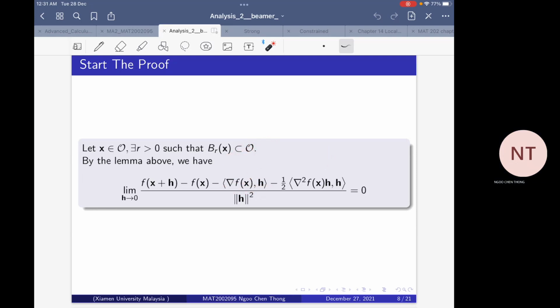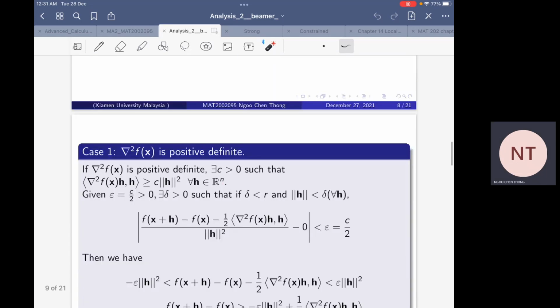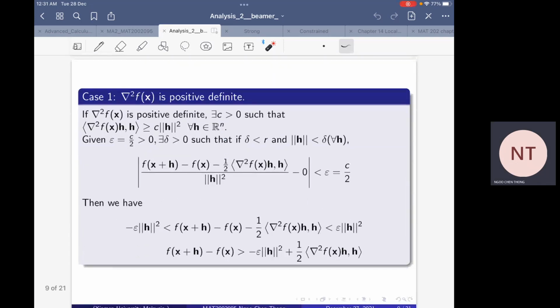Now we consider a few cases. Case 1: the Hessian matrix is positive definite. I already mentioned that since this is positive definite, there exists C larger than 0 such that this inner product is larger than or equal to C times the norm of h squared. Just now it was U, now I use h.